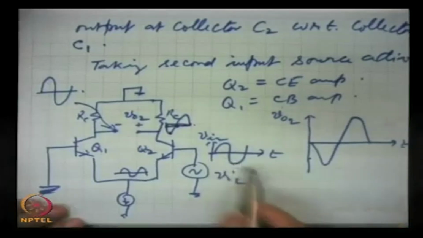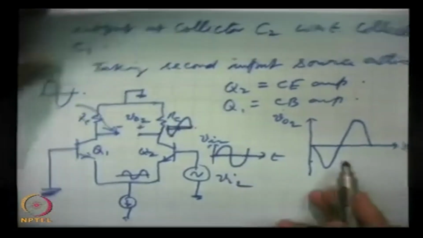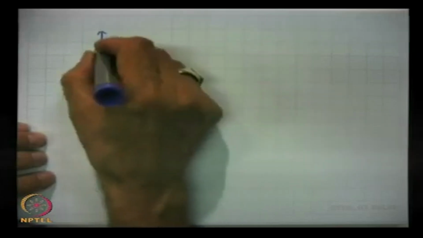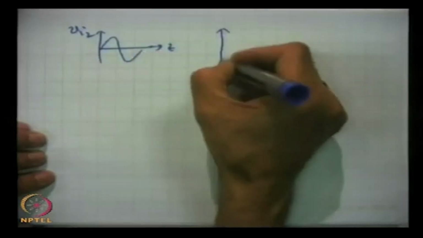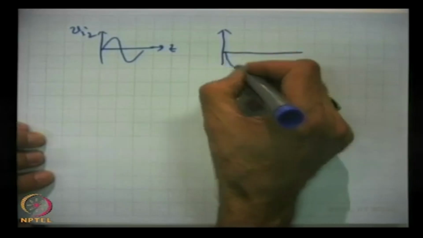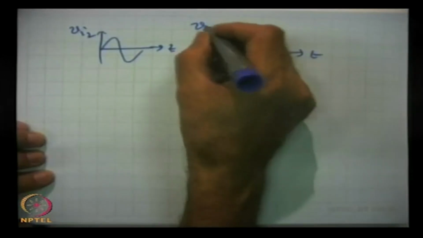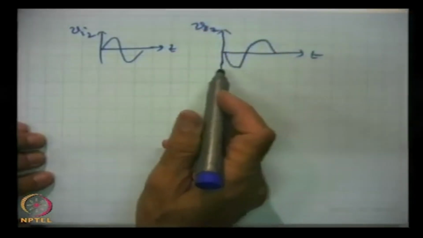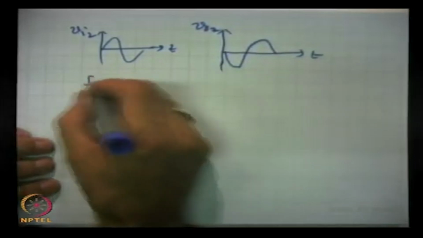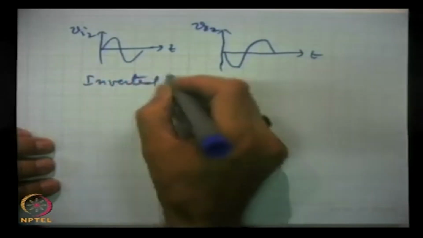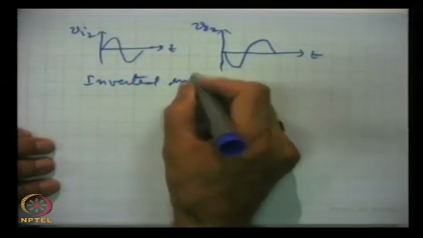Now compare these two. This is an inverted output here. For this input, Vi2 as a function of time, this gives output like this, VO2. So this is inverted input.